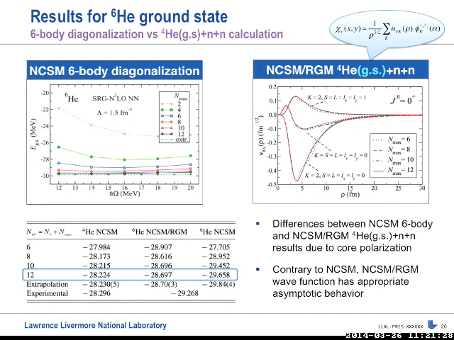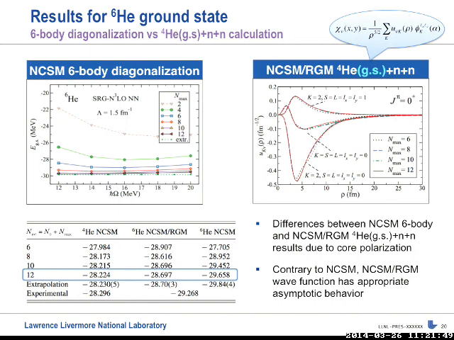What I'm showing here is a comparison between what we obtain from a 6-body diagonalization of the full Hamiltonian in the no-core shell model space versus what we obtain using the 3-cluster model, in which we have the alpha particle just in its ground state.